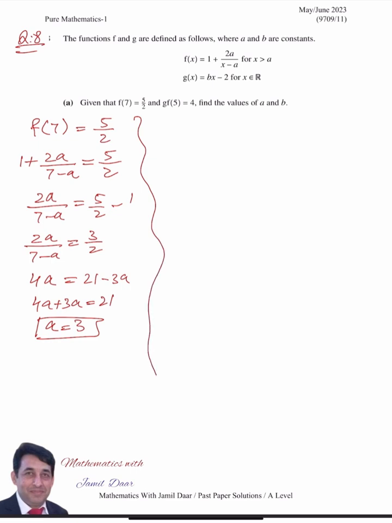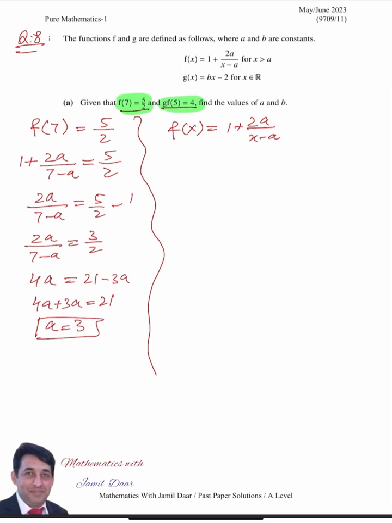Then we are given the second equation, that is gf of 5 is equal to 4. So we'll find out f of 5 first. So for f of 5, instead of x this will become 5, and you know that a is 3. So what is the f of x function? F of x is equal to 1 plus 2a over x minus a.